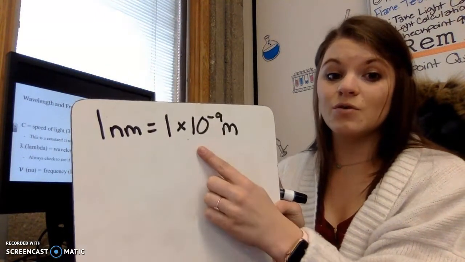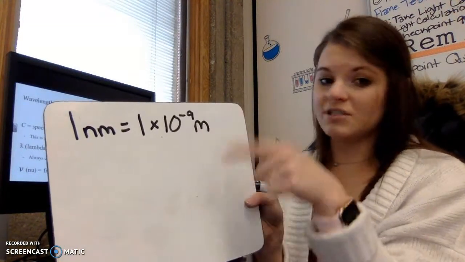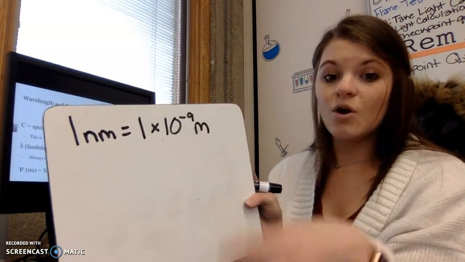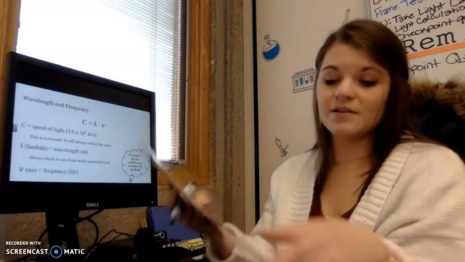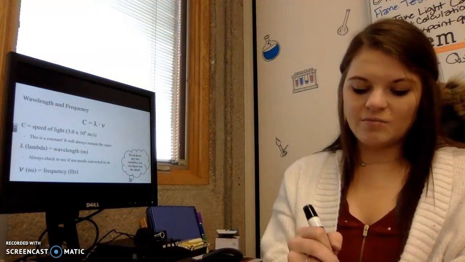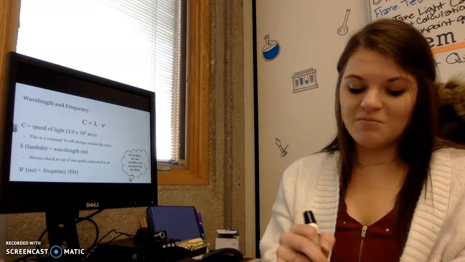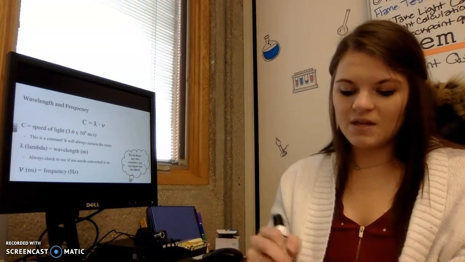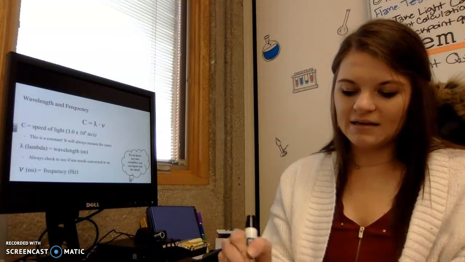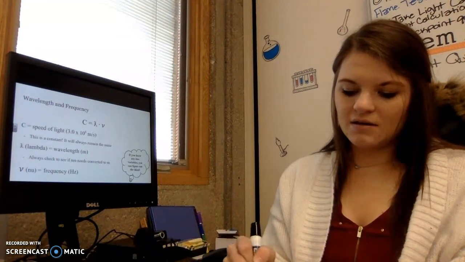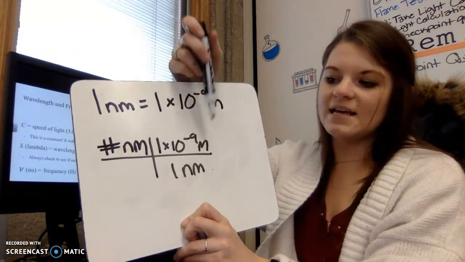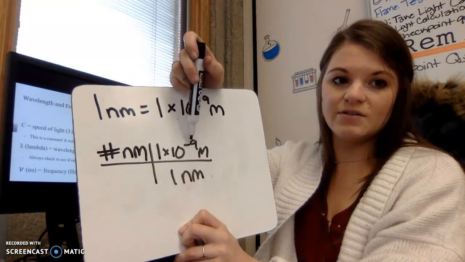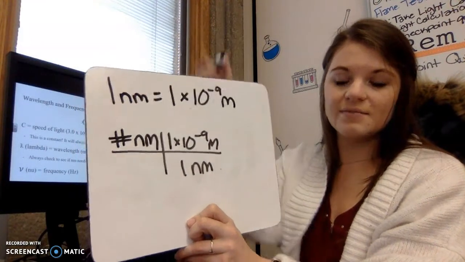I don't care if you convert metric to metric and just move the decimal point, or if you would prefer to do dimensional analysis. Either way I'm fine with. To do dimensional analysis, you would be given the number of nanometers in the problem, and you would multiply by 1 times 10 to the negative 9th meters. That's how you would do the dimensional analysis for this.